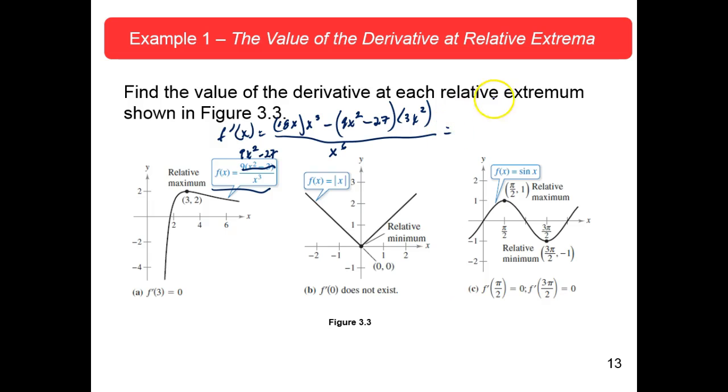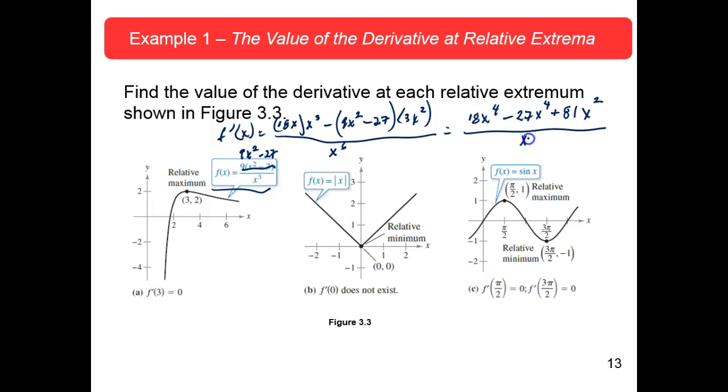And what would that be? 18x to the fourth minus 27x to the fourth, minus, plus, that's going to be 81x squared.